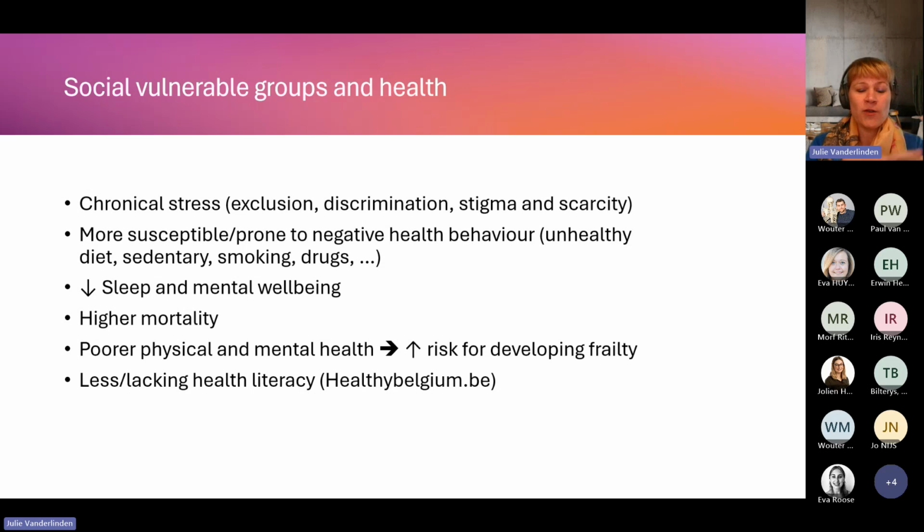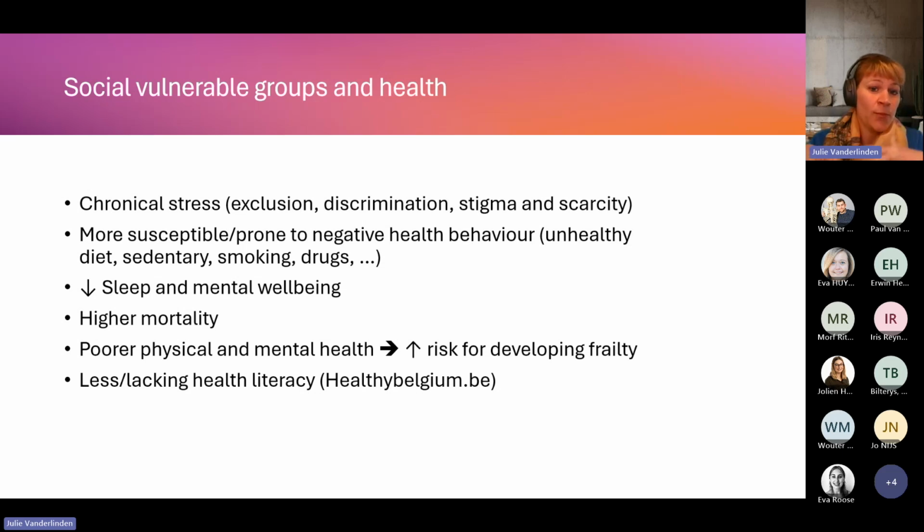So when you're experiencing more chronic stress, the chances are more likely that you take up unhealthy behaviors, such as a poorer diet, or you are more sedentary, you take up smoking or even drugs when you live in areas where drugs are probably more often seen on the street or easier to get access to.